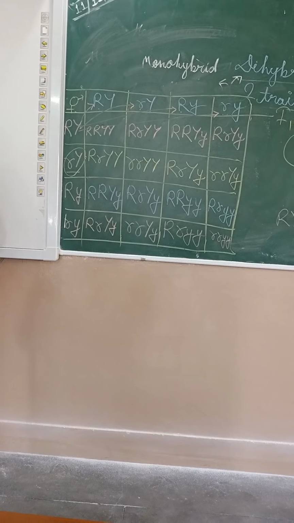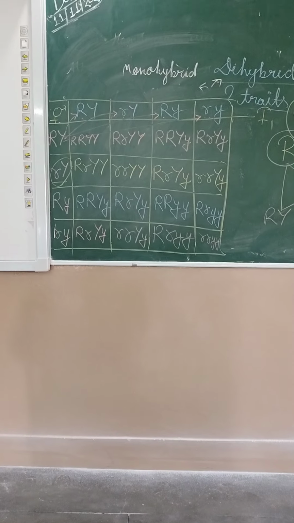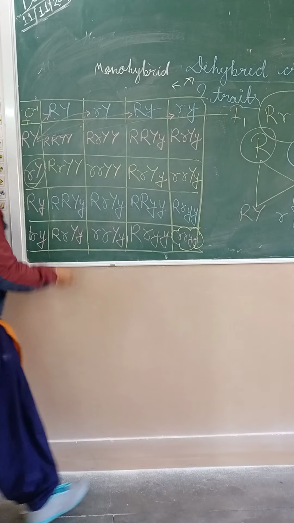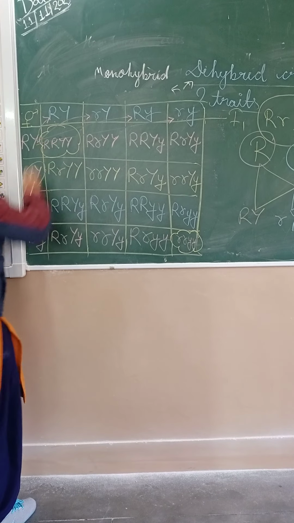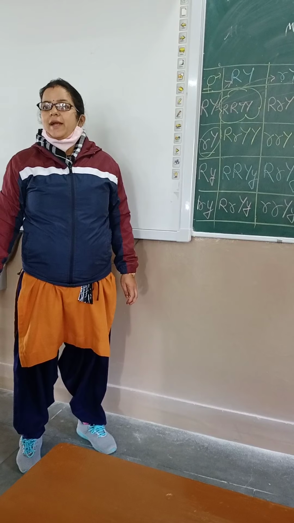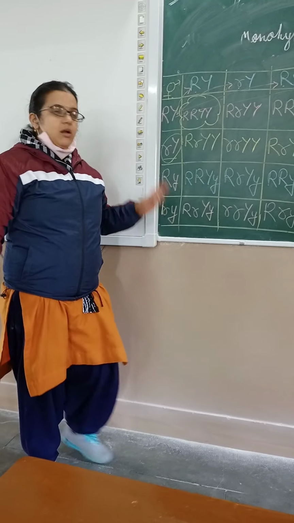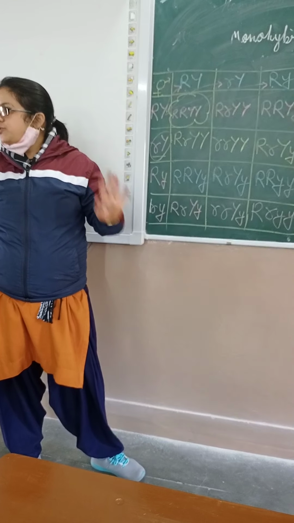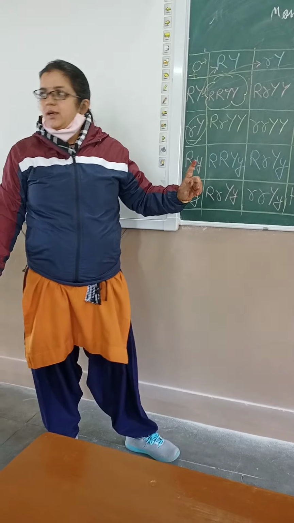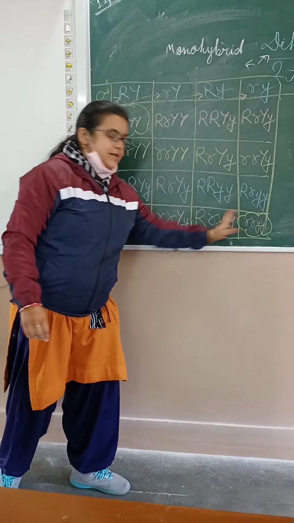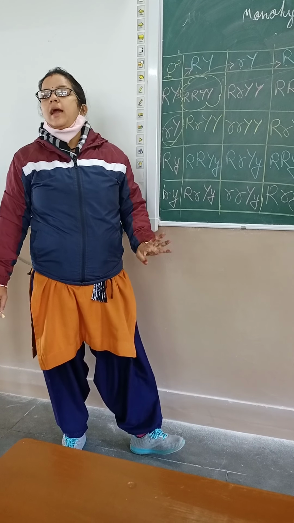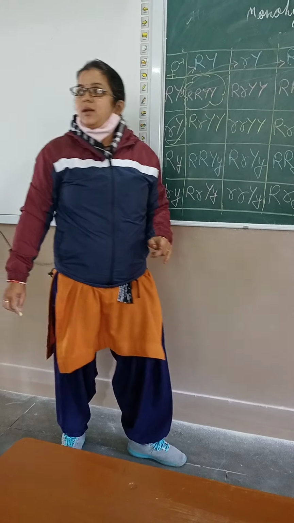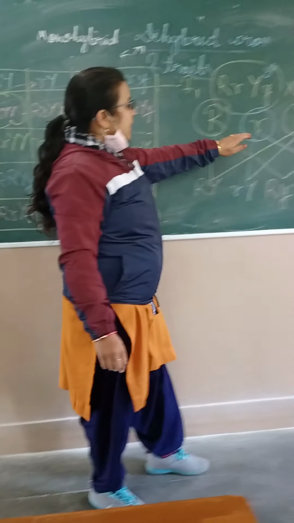Okay? Now, look here. This one and that one, they both are pure line plants. Yes? And the rest of them, they all are hybrid. Is it true? Can you observe it? This plant and this plant are the only pure line plants, as the parents were. But can you observe one thing?